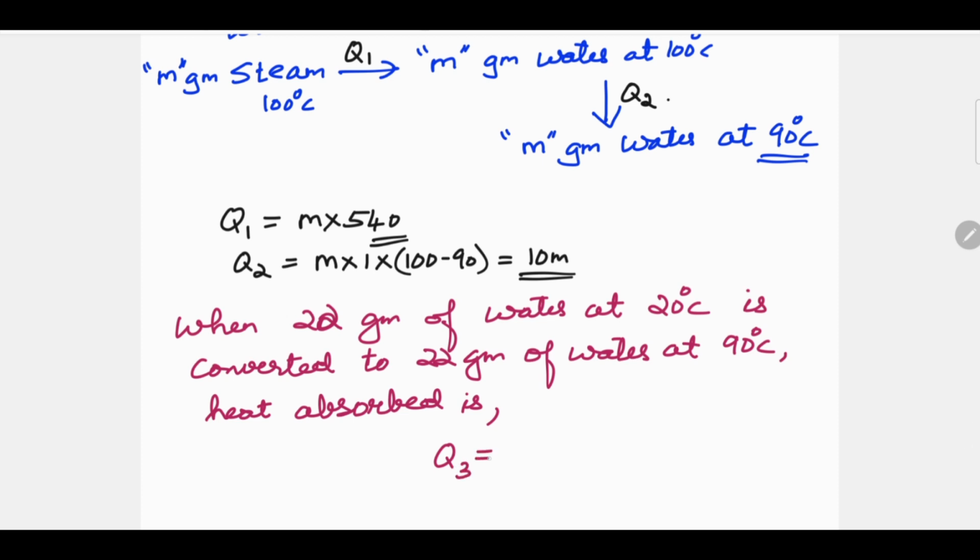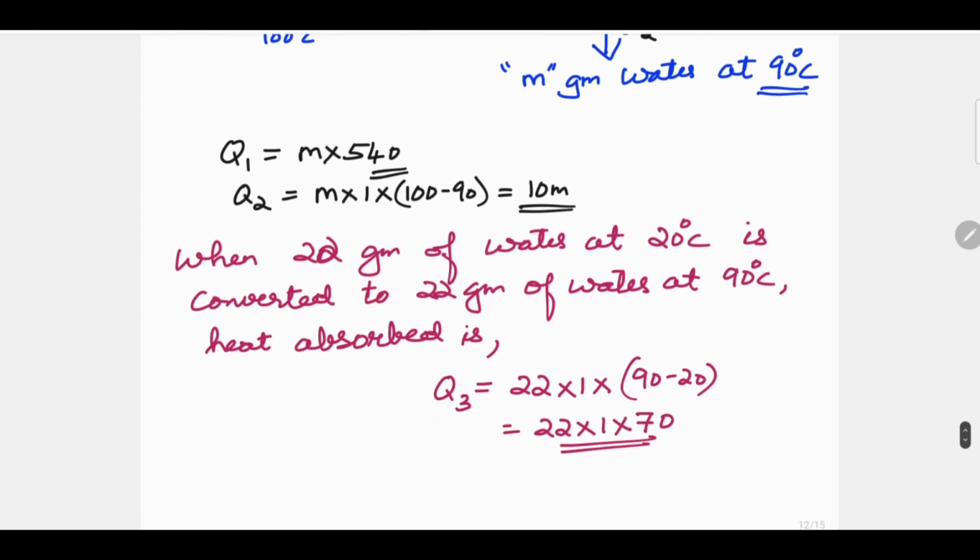So Q3 is equal to again ms delta T concept, 22 into 1 into 90 minus 20, which is equal to 22 into 1 into 70. Now according to our calorimetry principle, Q1 plus Q2 should be equal to Q3.